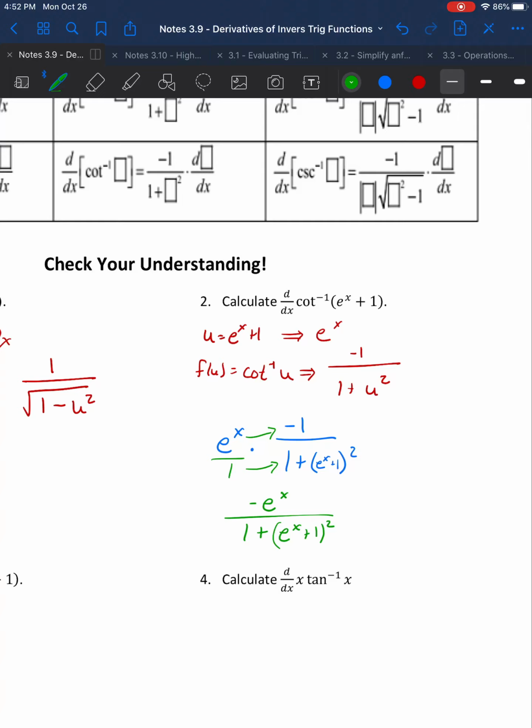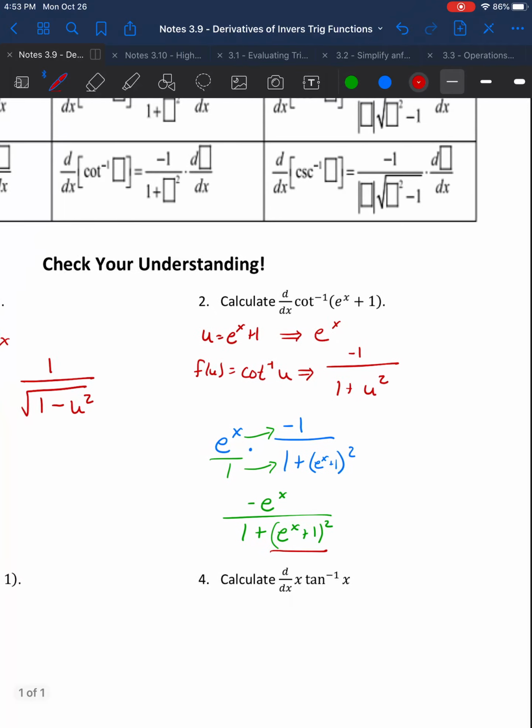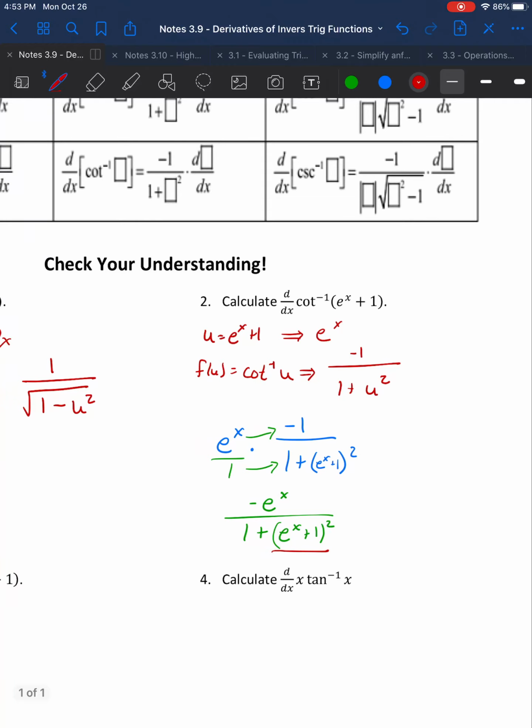Now, as nice as this answer looks, we can do more. We can actually FOIL out this set of parentheses and find a little bit more simplified denominator.